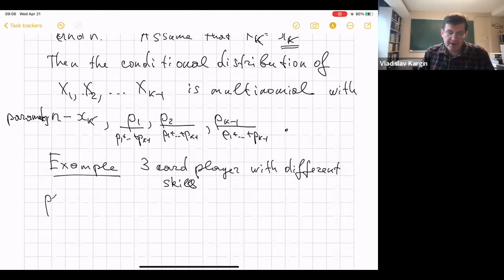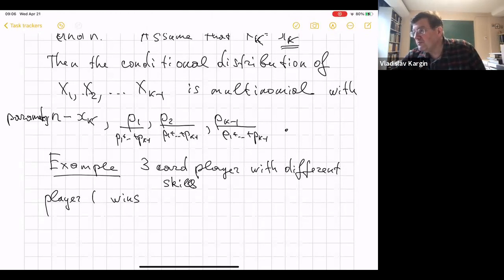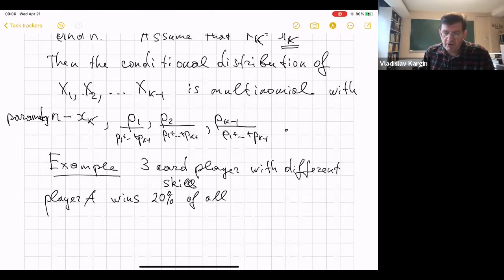If they play together a game, player A wins 20% of all games.